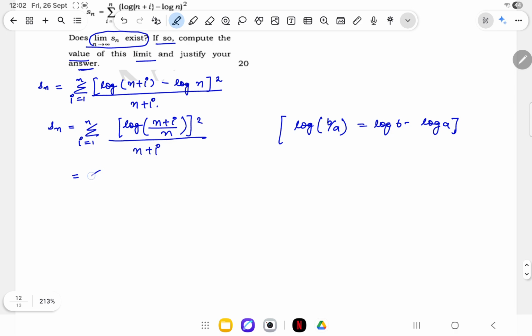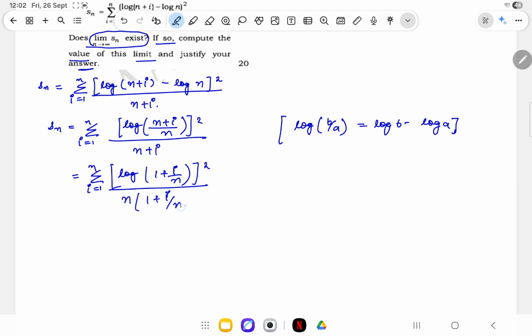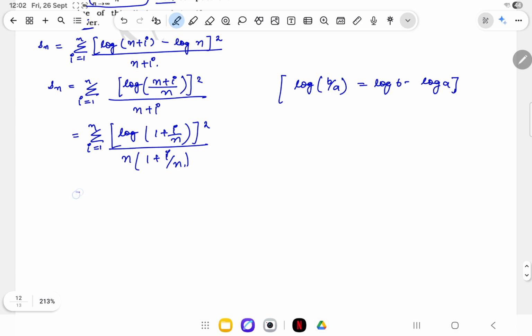Now I can write it as summation i equals 1 to n log of (1 plus i by n) square divided by, I can pull out n from here, so I'll get 1 plus i by n, and it will be equal to summation i equals 1 to n 1 by n into log (1 plus i by n) square divided by 1 plus i by n.